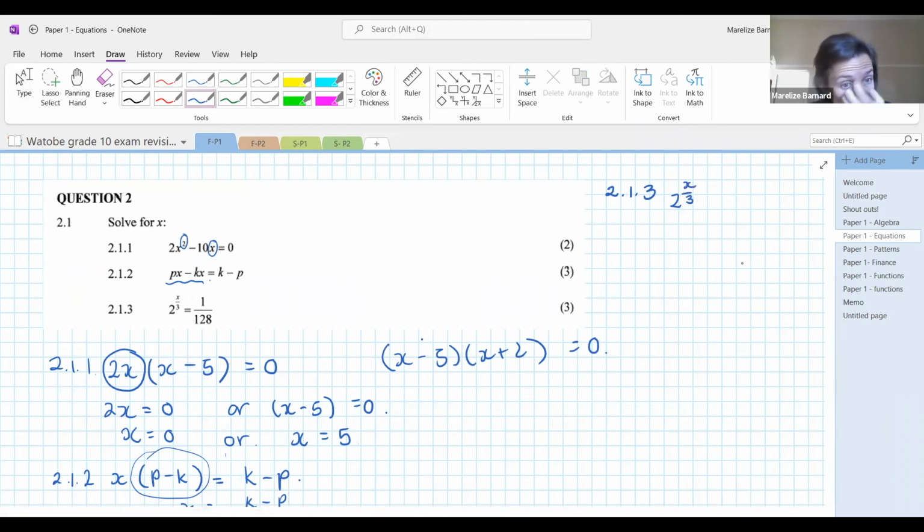So 2 to the power of x over 3 is 1 over 128. So like I said, that 128, we can't do anything with it until it is to the base 2. So check on your calculator. 128. I'm actually just going to go grab my calculator.